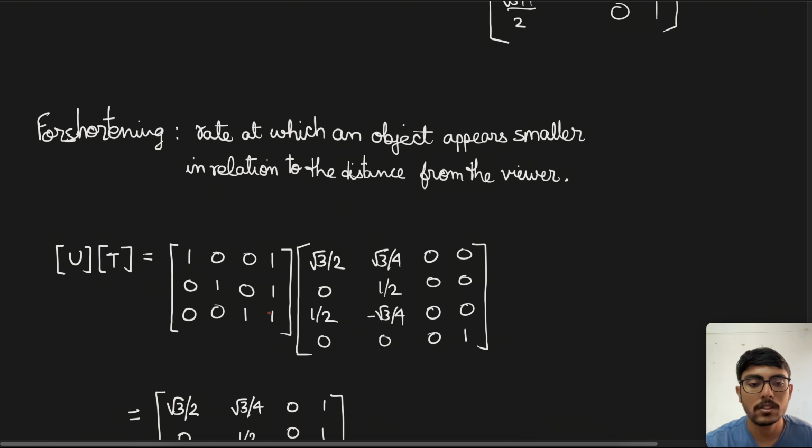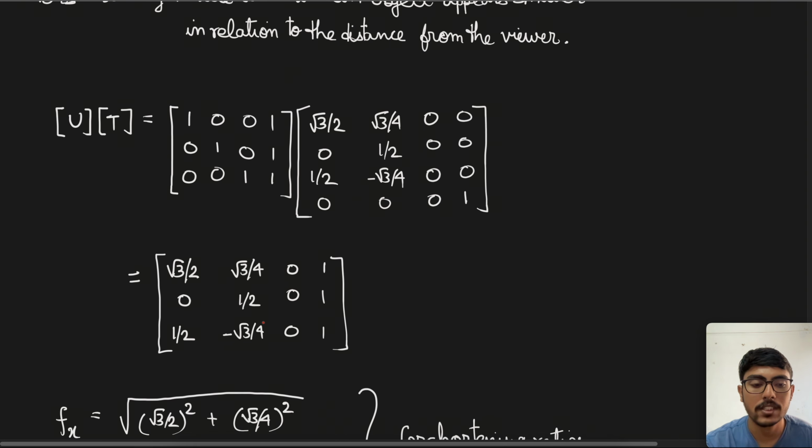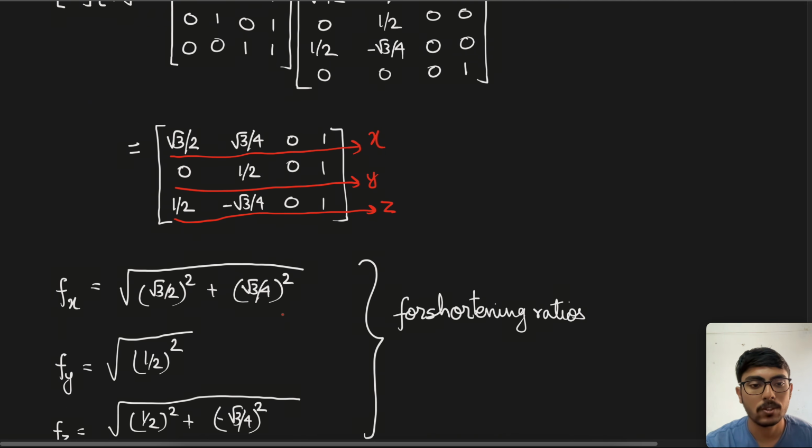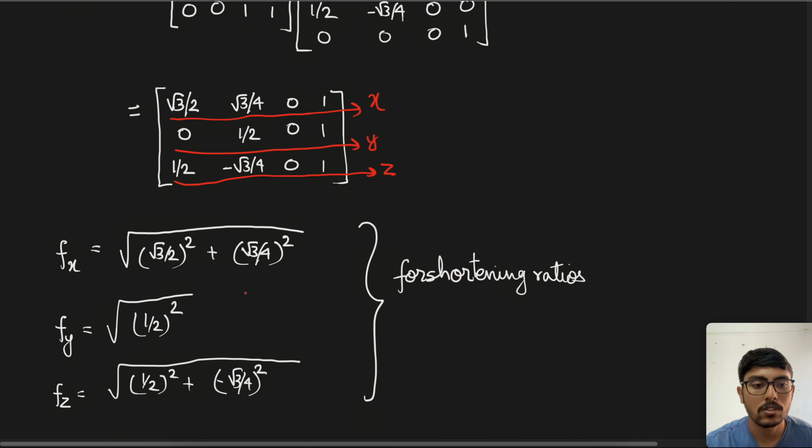We multiply these two, we get this particular matrix, and from here we will calculate the foreshortening ratios for each of the axes separately. The first row is for the x axis, the second row is for the y axis, and the third row is for the z axis. We calculate that here in magnitude, so we simply square the entries and take the square root. That's how you calculate the foreshortening ratios as well.